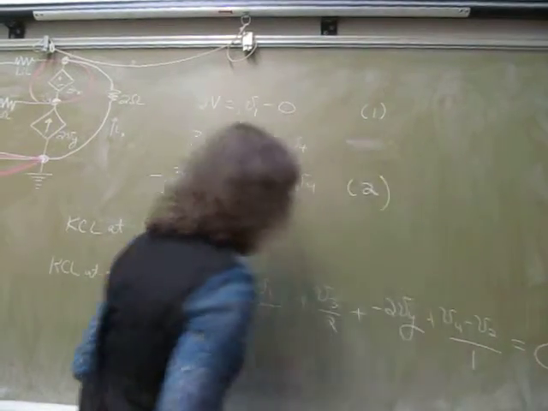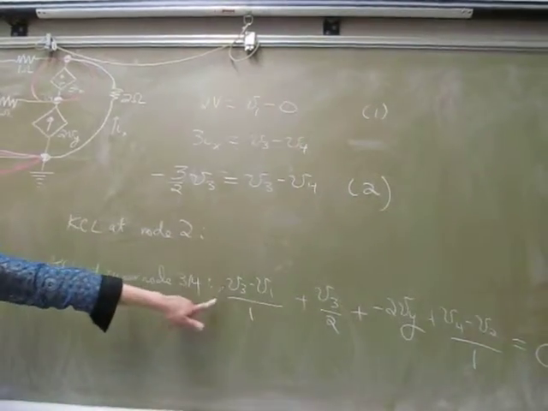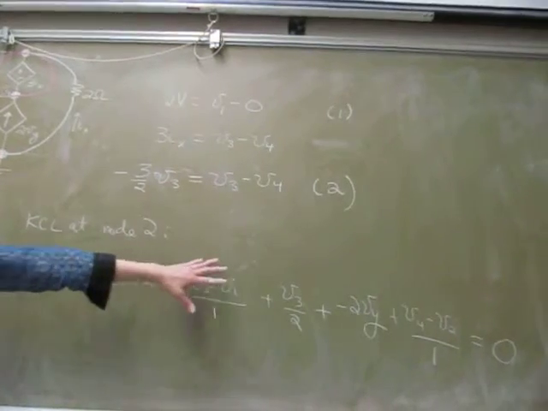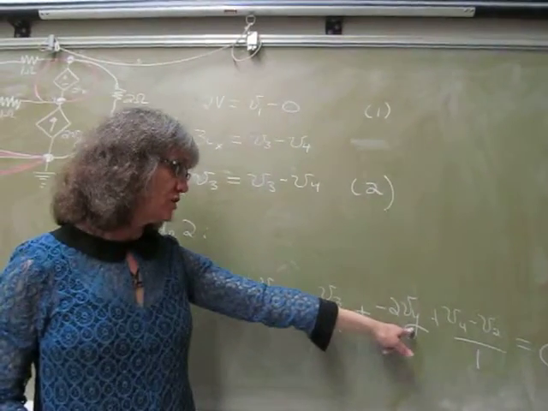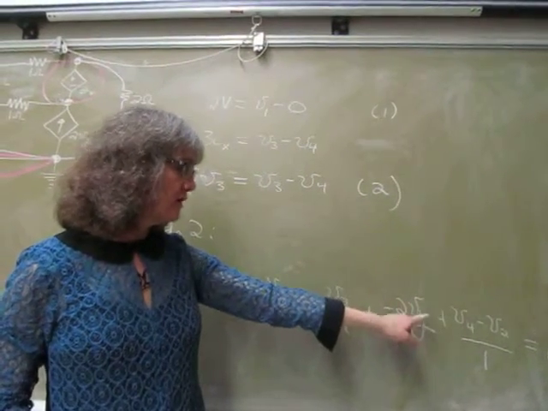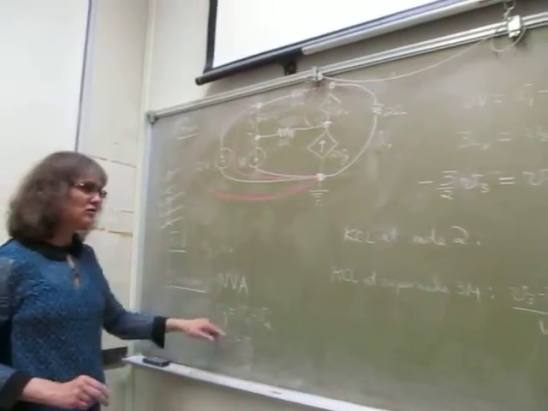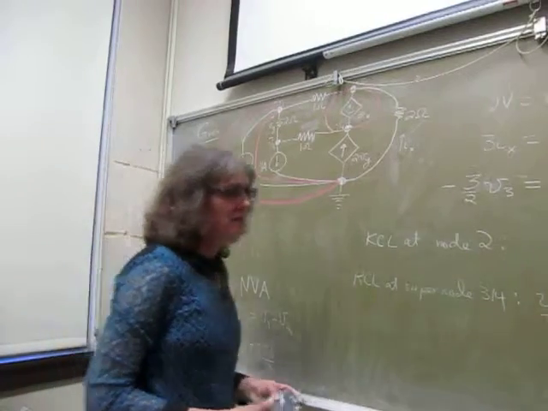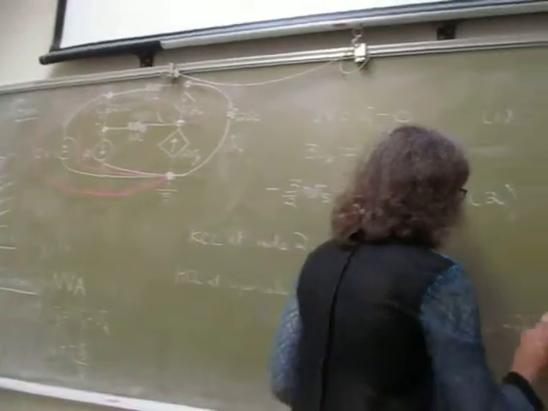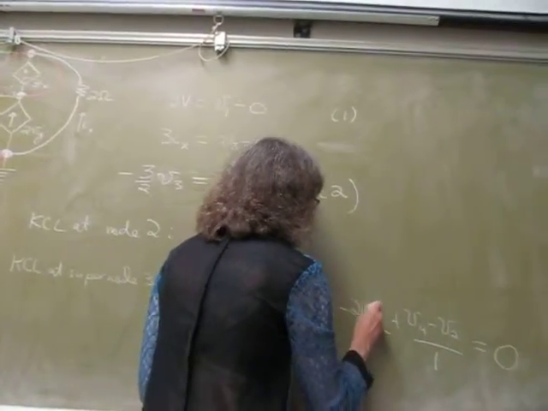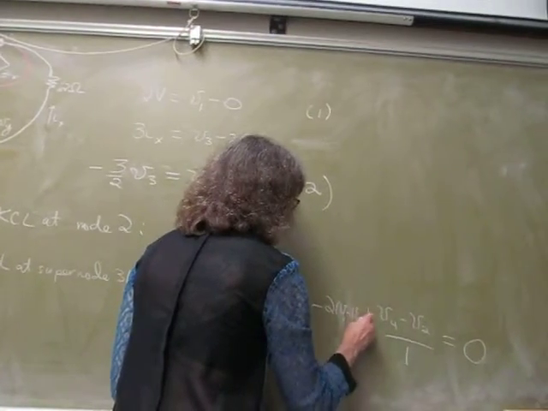And I'm a little unhappy with this equation because I have something other than a node voltage in it. So I'm going to have to change this to V1 minus V2. I'm just going to erase this and do V1 minus V2.